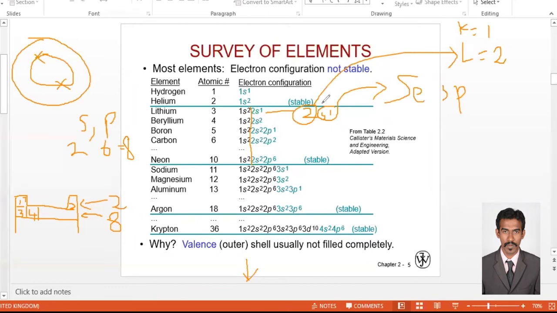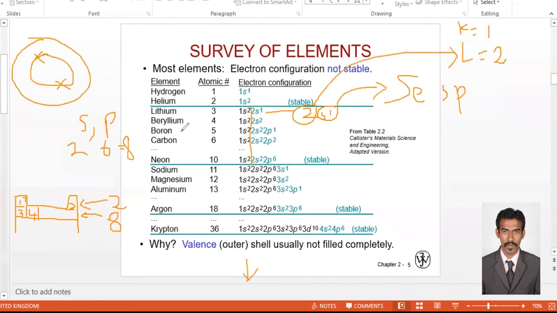This 2 is to show that it is in the second orbit. Then S2, I told you S, the maximum is 2. So for beryllium, that is S2. This is beryllium: 1s2 and 2s2.